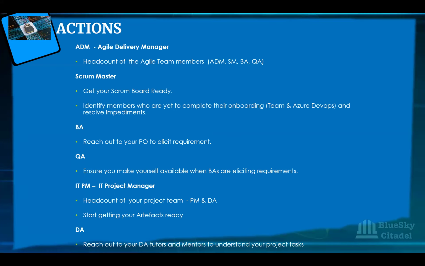So the Scrum Masters need to get their Scrum board ready, everything you need to set up. Ensure you add all your team members to your team projects in Azure DevOps, okay? Then other documentation that you need to put together, team charter and all that.